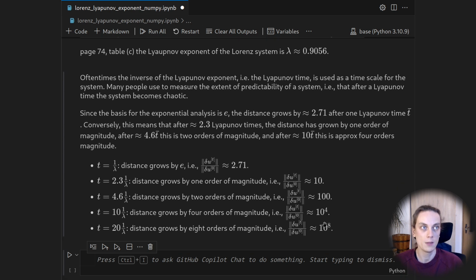Now if you put this into the context of a measurement error, how a small measurement error amplifies over time, let's say you have a reasonable amount of precision, let's say 3 or 4 digits of accuracy, then this accuracy will be gone after 10 Lyapunov times.